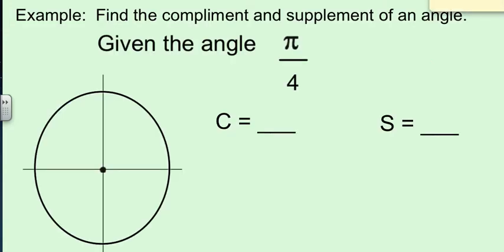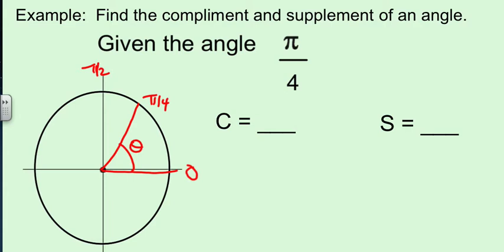So here's an example. Find the complement and supplement of this angle. If here is 0 radians or 0 degrees, and this is pi over 2 up here, halfway would be pi over 4. So here's pi over 4, 0, there's your angle theta. If we want to find the complement, we want to find out what two angles add up to pi over 2 or 90 degrees.